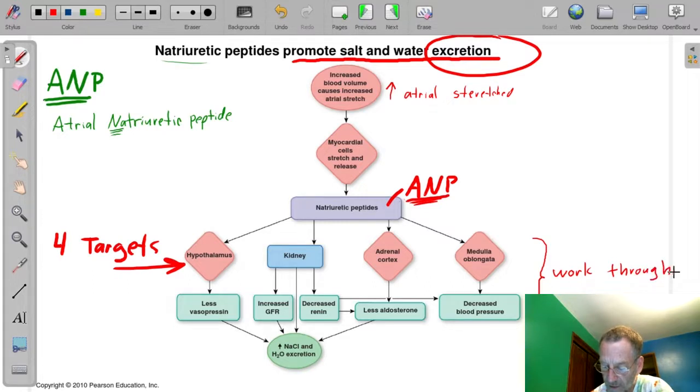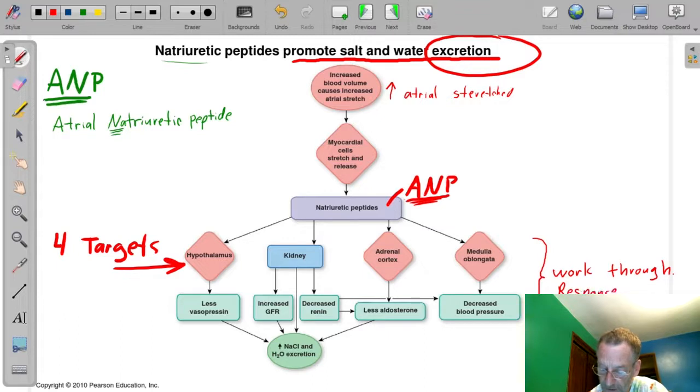On one side you could have targets of ANP, and on the back side of the flashcard, you'd have hypothalamus, kidney, adrenal cortex, medulla oblongata, etc. You could make another flashcard that asks you to explain how the hypothalamus is affected by ANP to reduce the salt concentration. So you should practice working through these responses.